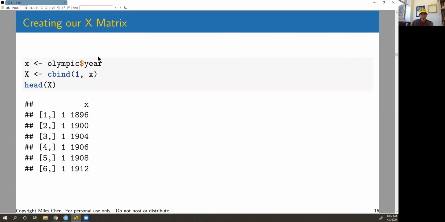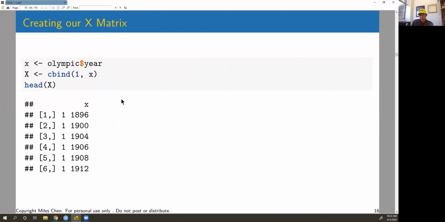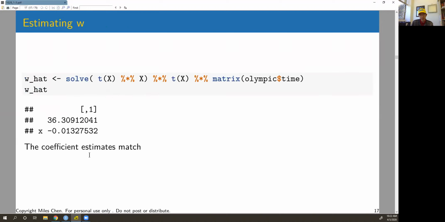But we can still try to fit using the operations we found, X transpose X inverse, X transpose T, and things like that. I'm going to bind a column of 1s to X, and this is just the head, the first 6 rows of my X matrix. I've got 1s and then the year. Then we run X transpose X inverse, X transpose T, where T is the actual value.